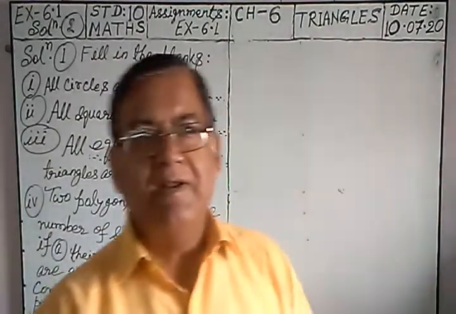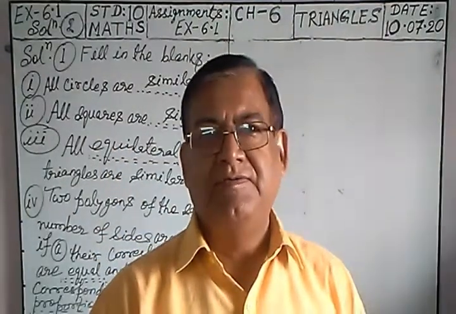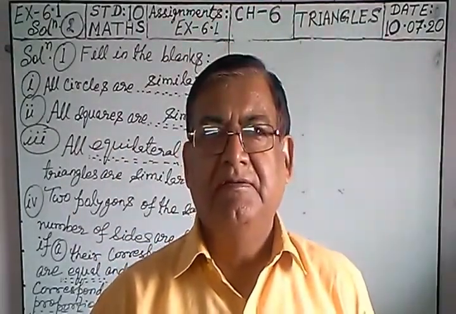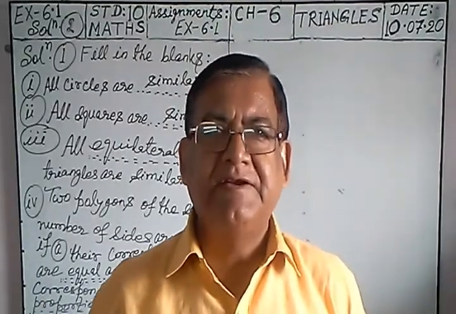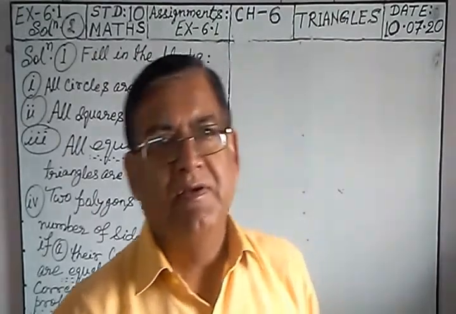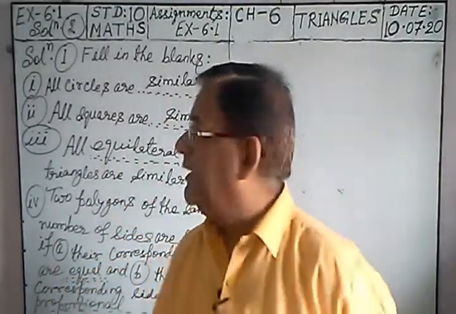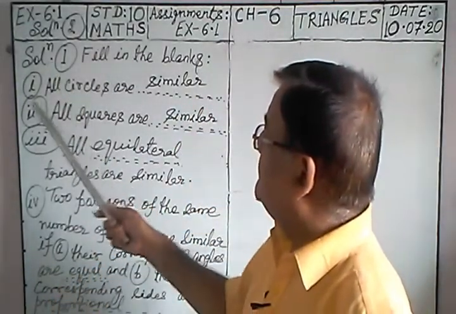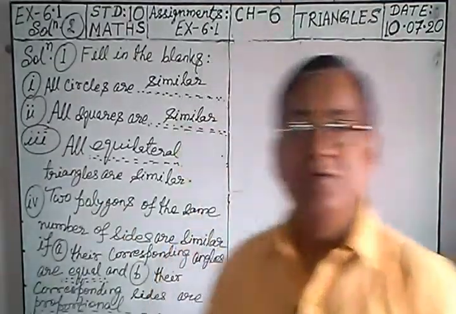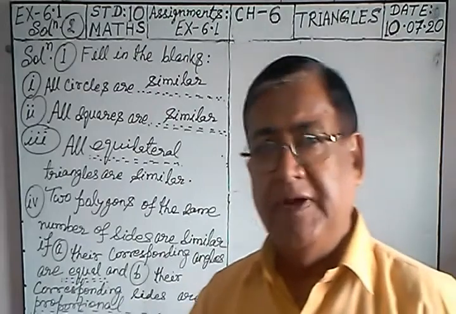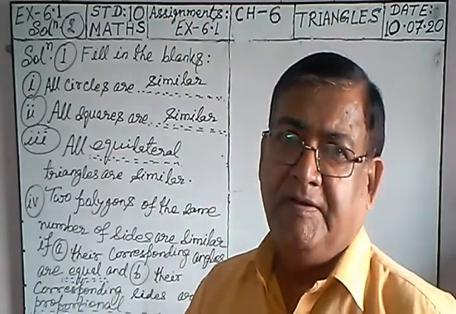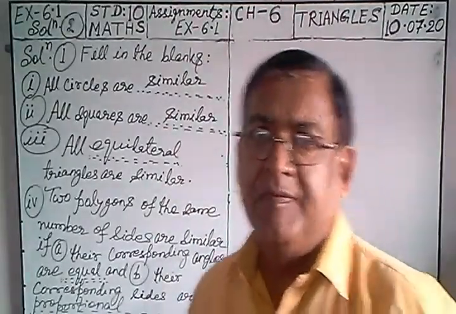After completing sum number 2 and 3, now here is sum number 1. It is just to fill in the blanks. Total, you have to fill in the blanks in 4 questions.